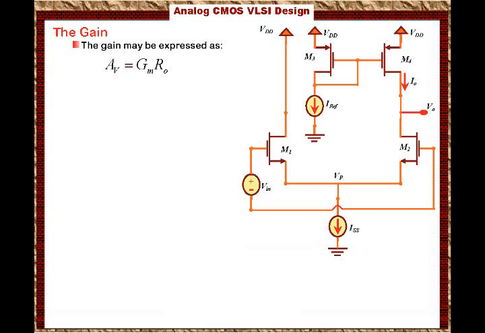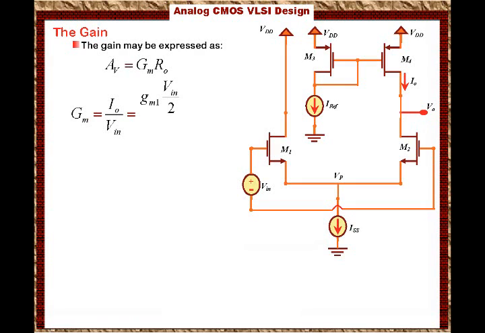Then we can define GM, the transconductance of the amplifier, to be IO over Vn. Keep in mind that this is all AC signal here, so the output AC current over the input AC voltage is the transconductance, and we know that for this particular transistor the output AC current will be GM1 times Vn over 2.